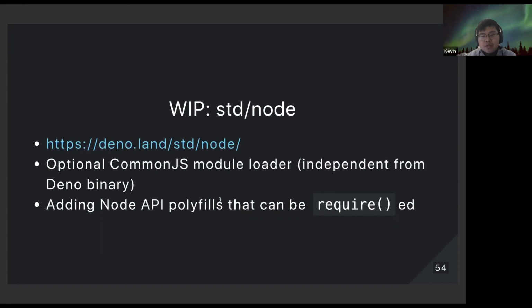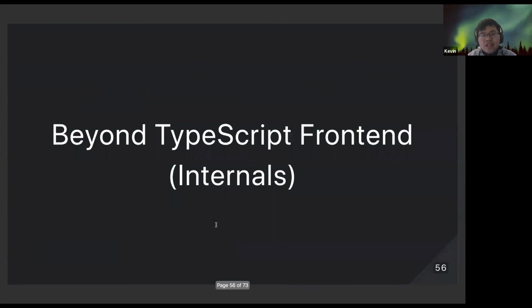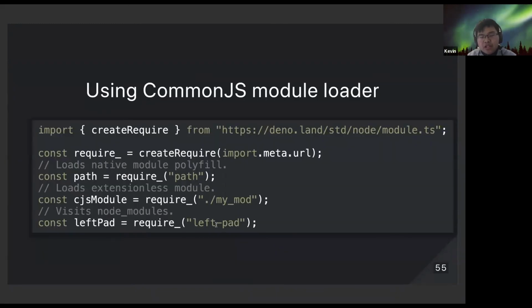So you create require, and you get a require function, and you can require stuff from the built-in polyfills, or extensionless modules, which I complained about before, and also node_modules. It's still a work in progress. There's still a lot of functionality missing, but at least the CommonJS module loader is available there.